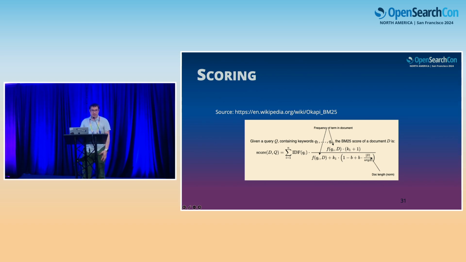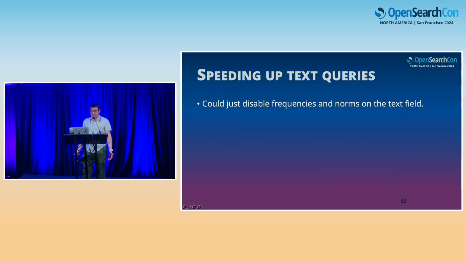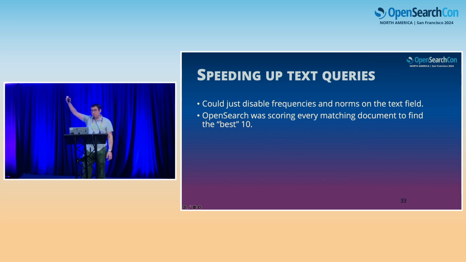Why is this significant? It turns out we could just speed up these text queries by simply disabling frequencies and norms, so then there's no scoring. What was happening was OpenSearch was trying to go through these millions of matching documents to find the 10 best documents.